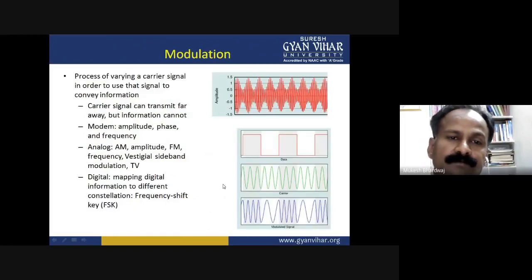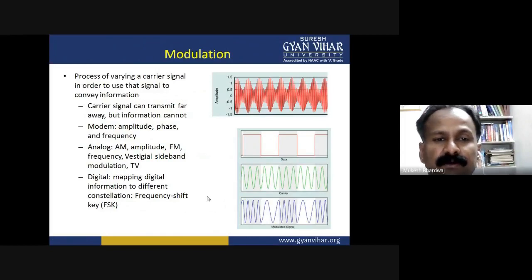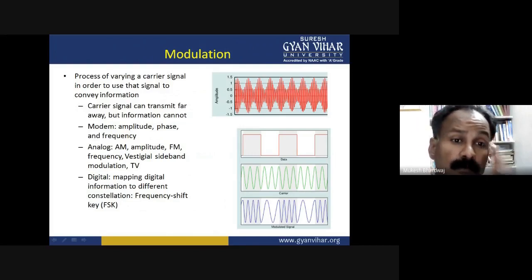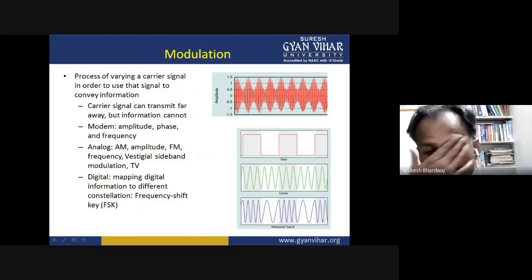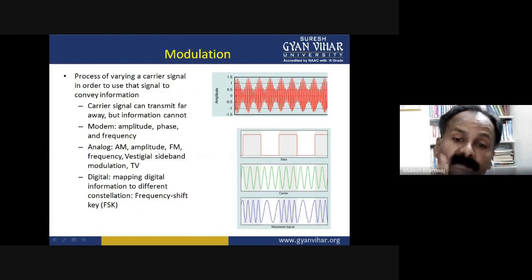Now, modulation is the process of varying a carrier signal in order to use the signal to convey information. Carrier signal can transmit far away, but information cannot. So modulation can vary amplitude, phase, and frequency. Modulation is a process by which a message signal is superimposed on a carrier signal for transmission over a long distance.